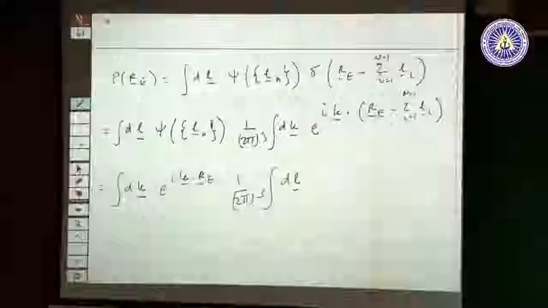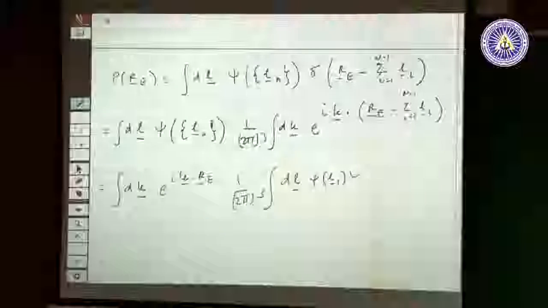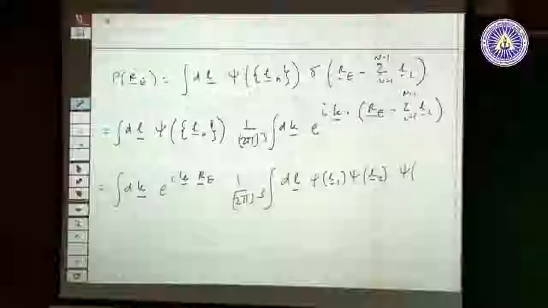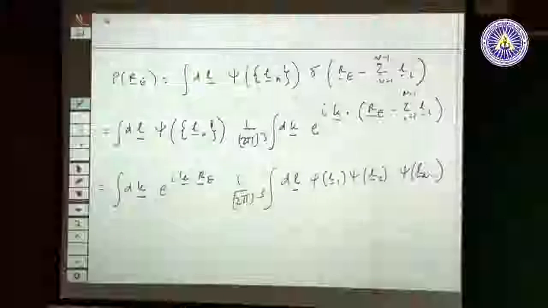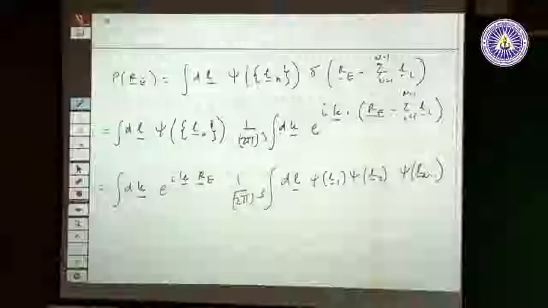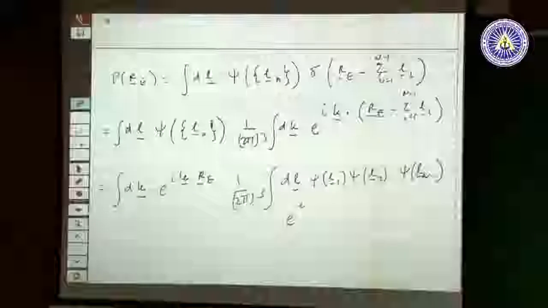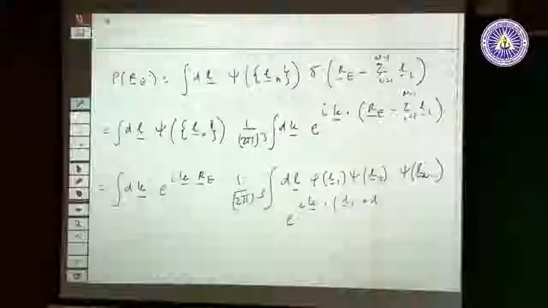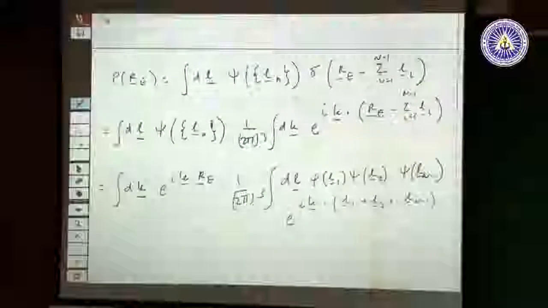Now, this psi, if you remember, was a product of all these individual psi's, because they were independent of each other, times e to the power of, we are left with ik·(L_1 plus L_2 plus all the way to L_(n-1)).